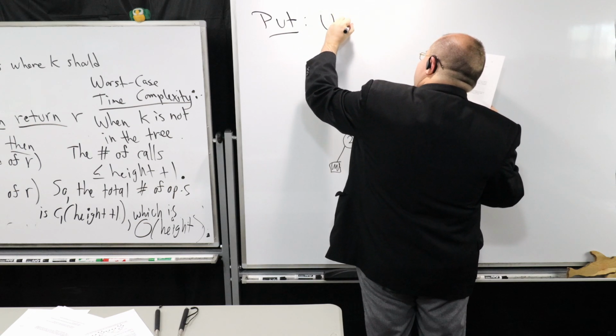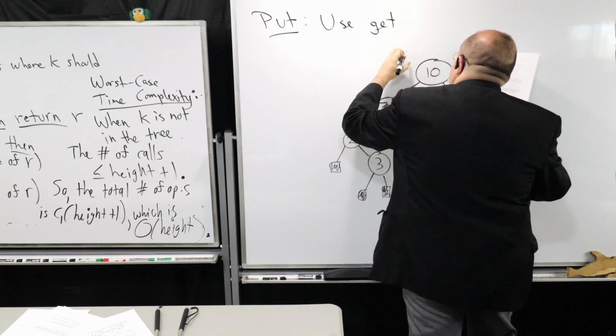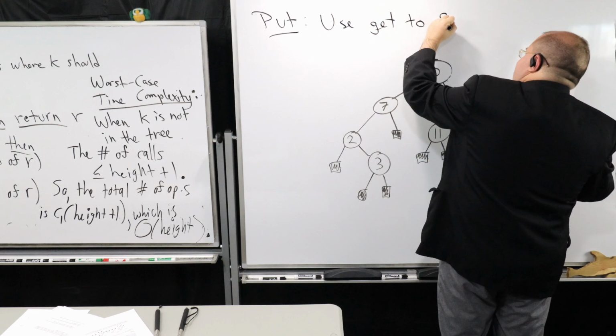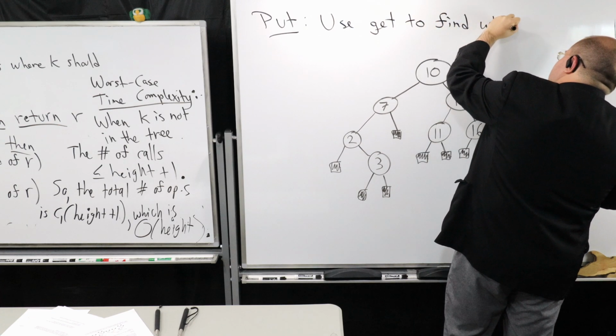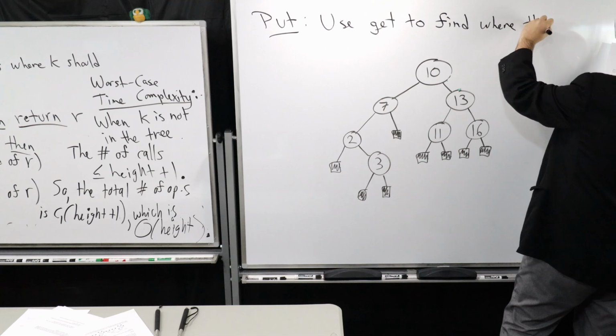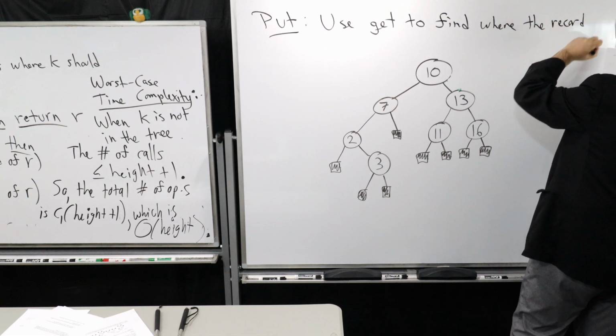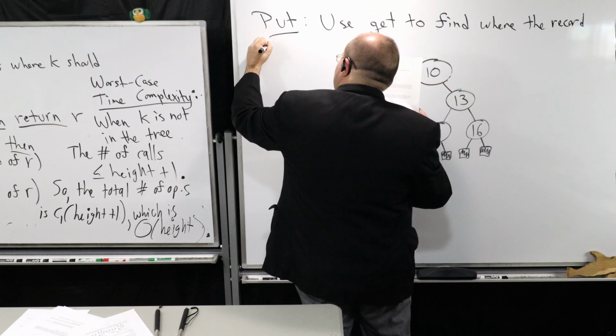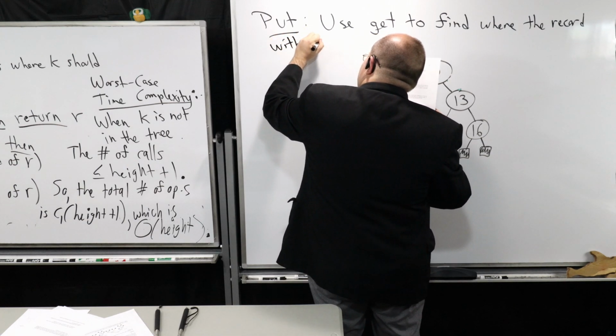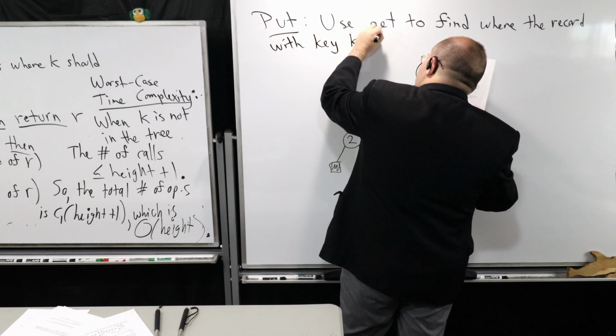So we're going to use get to find where the record with key K should go.